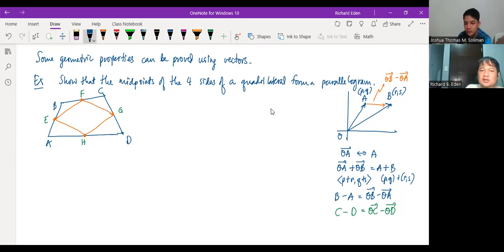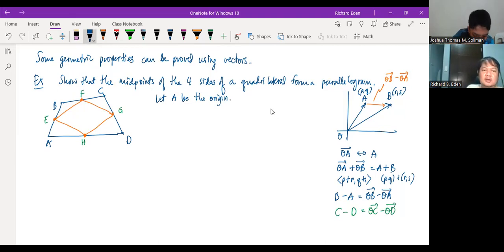If we let A be the origin, then vector AB would just be B. If A is the origin. Let A be the origin.